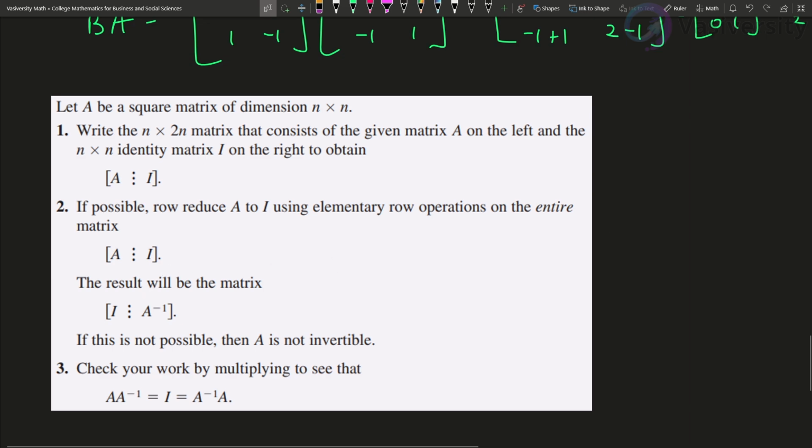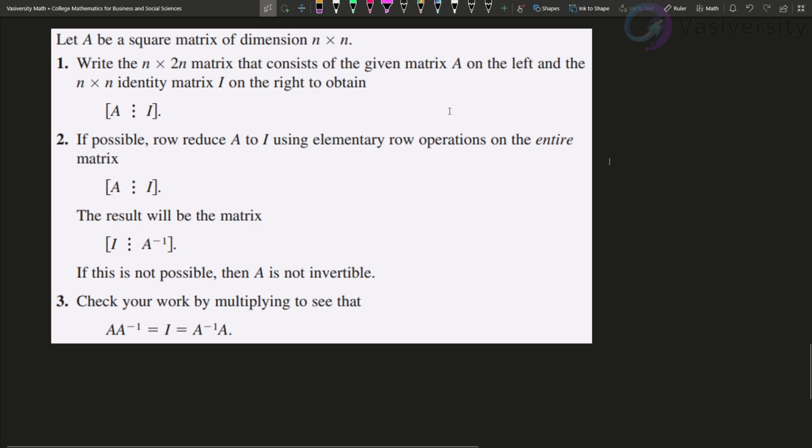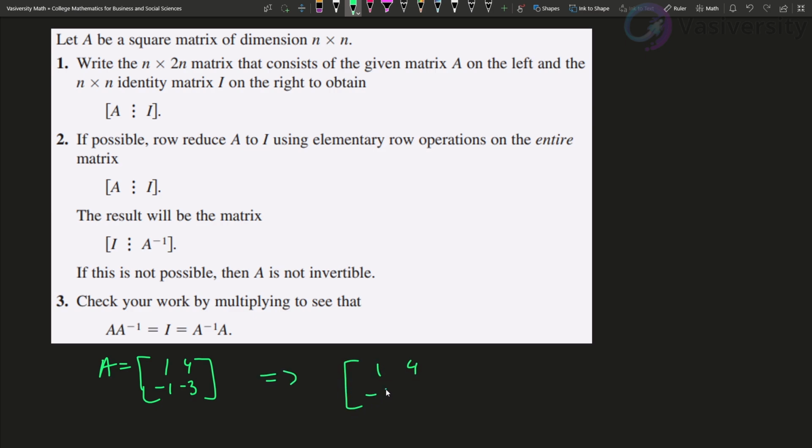The easiest way is to imagine the following. Say we have a matrix A to be 1, 4, -1, -3, and we want to find the inverse. We can set it up as 1, 4, -1, -3 augmented with 1, 0, 0, 1.